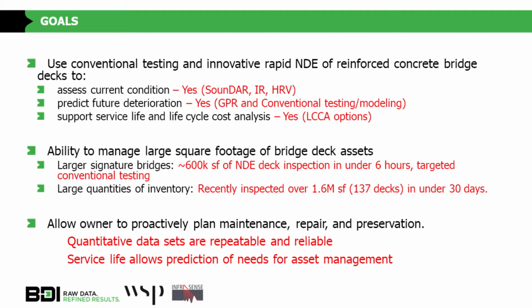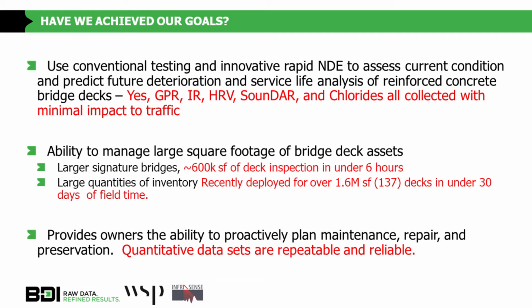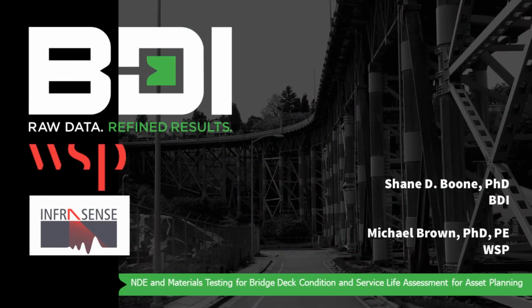From those, you could individually decide which ones need more immediate attention and do the more traditional service life planning approach, whereas for those that don't indicate imminent problems, you have that information and can come back at a later time and resurvey to see the progression of deterioration based on the rapid NDE results. It's a very efficient way to track the progress of deterioration in your inventory. All of that comes together to support service life planning and a way to manage your assets. I guess we can open it to any questions.